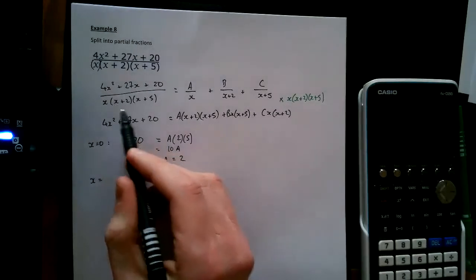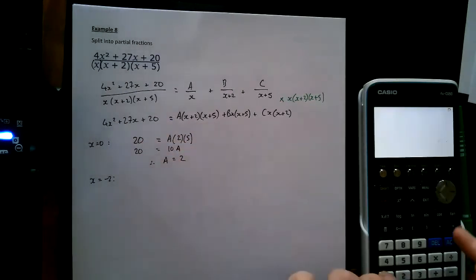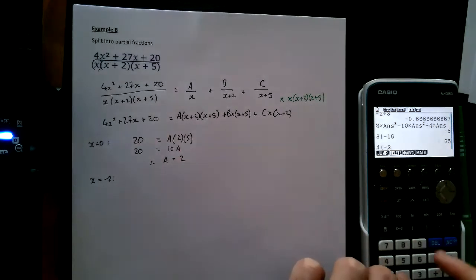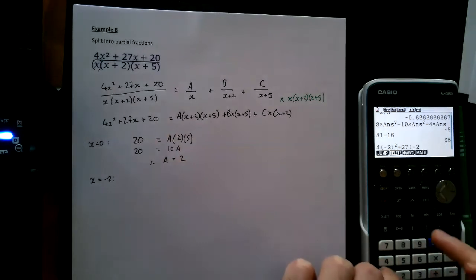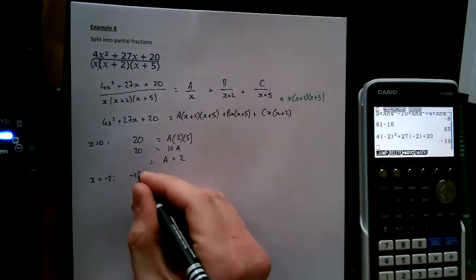Choose another value. So for this one, x is minus 2 would be a good idea. So I sub minus 2 into that side. I'm just going to do that on my calculator to speed it up. So 4 lots of minus 2 squared plus 27 times minus 2 plus 20. So I get minus 18.